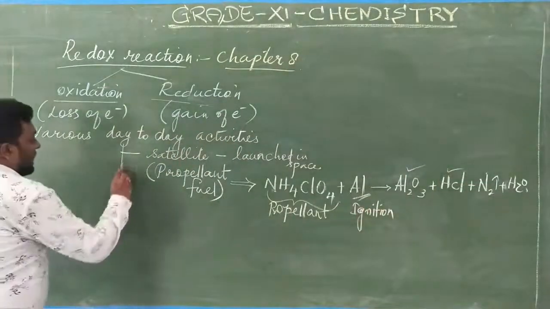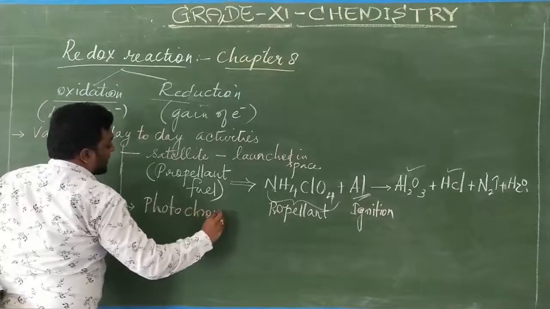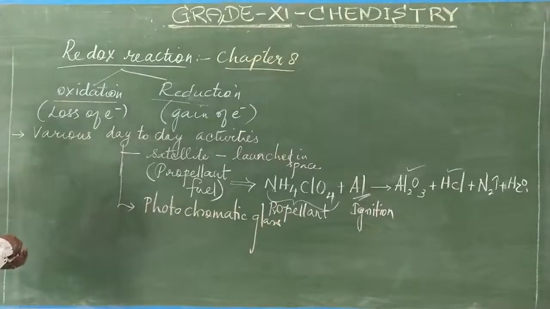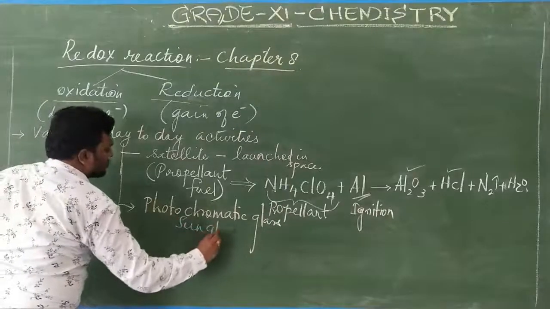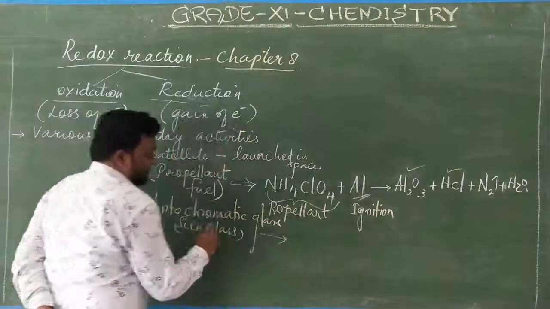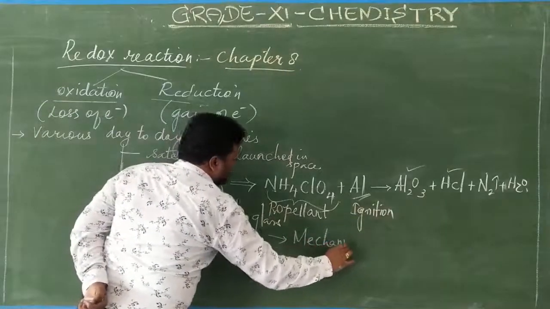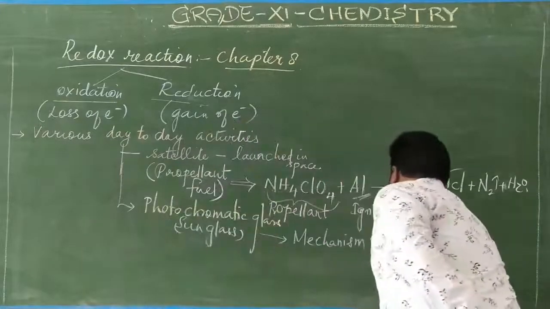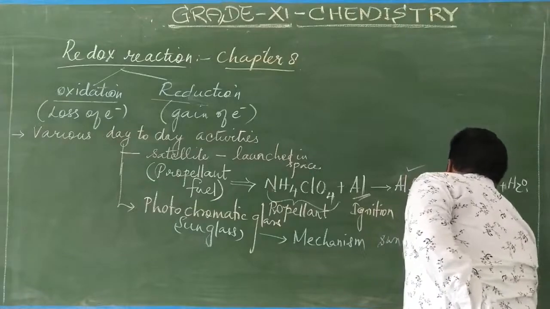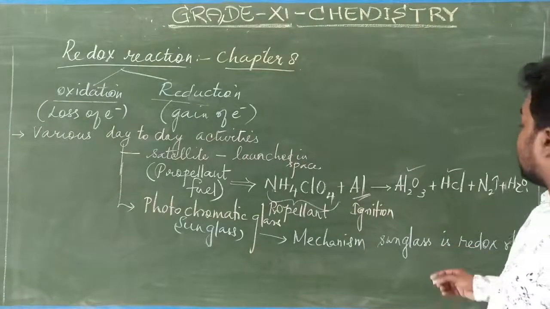Okay, that is one example. Similarly, we take a common example, photochromatic glasses, the sunglass. This photochromatic glass is nothing but a sunglass, the sunglass which is being used. The redox reaction mechanism occurs in the sunglasses.